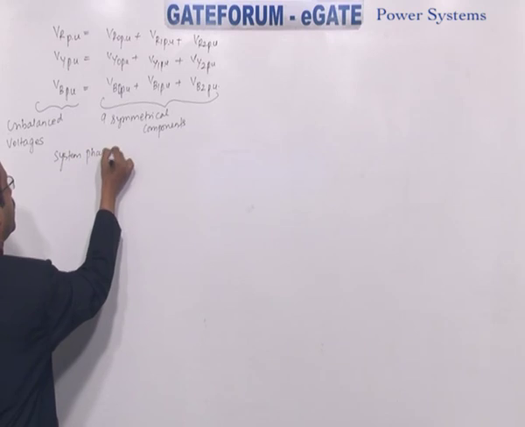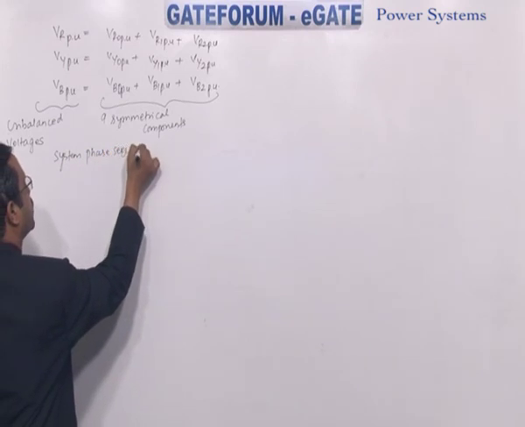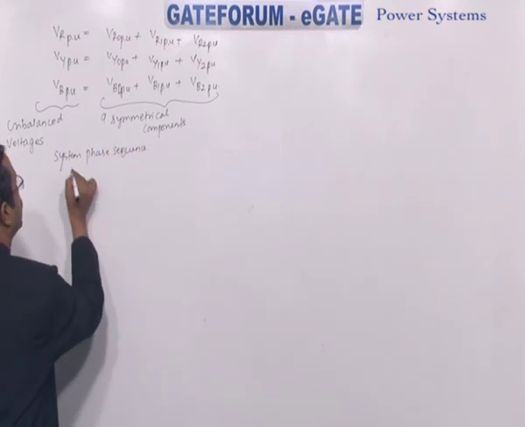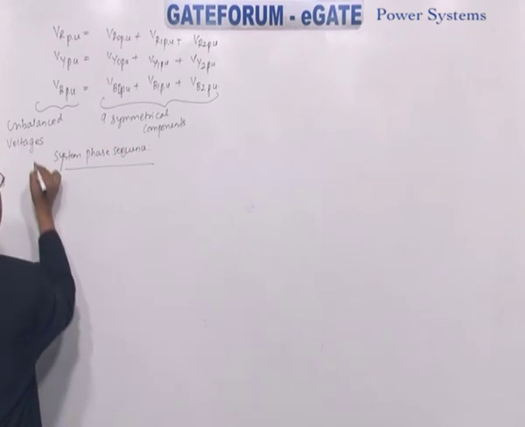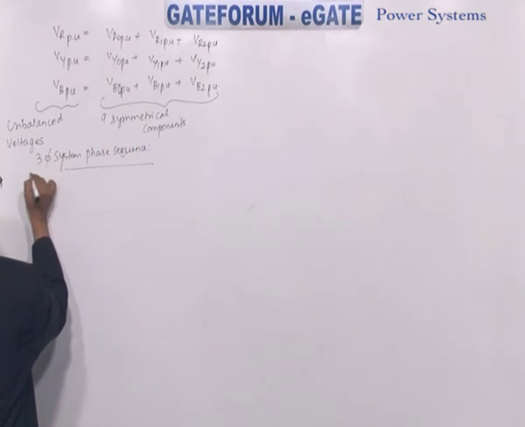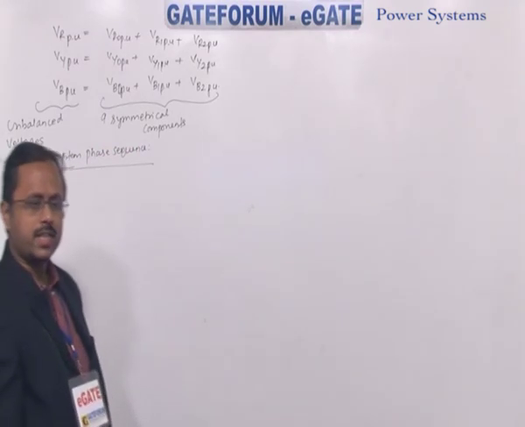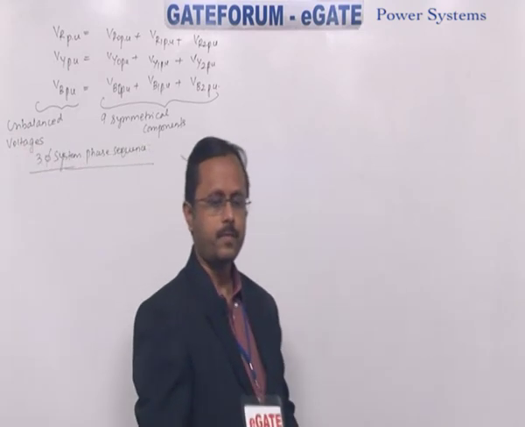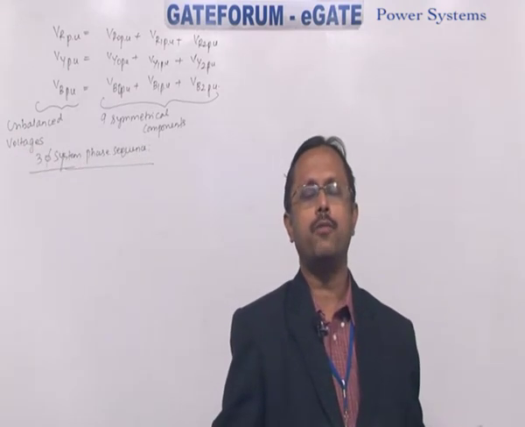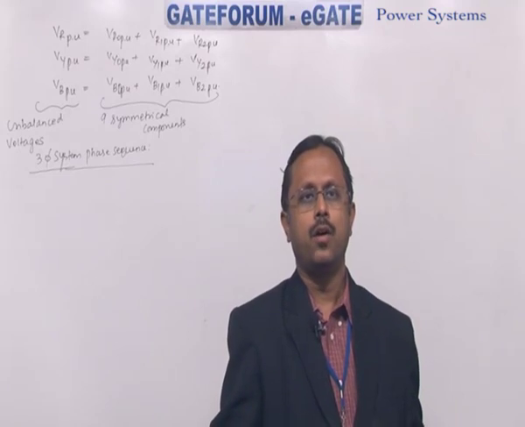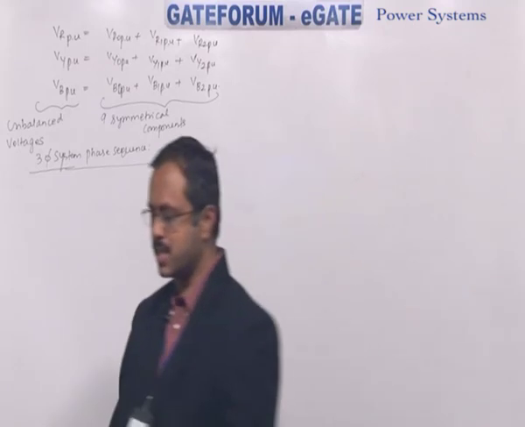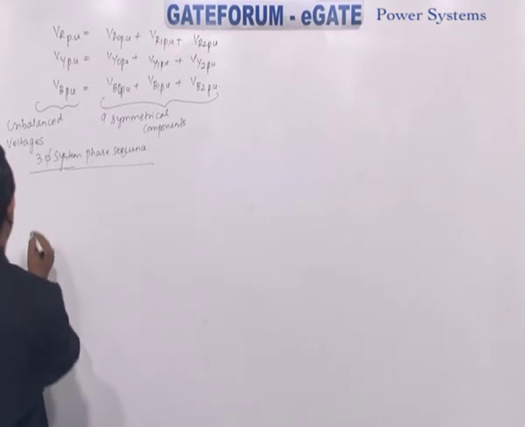So first we have the system phase sequence. Now a three-phase system has two possible phase sequences. What are those two possible phase sequences? You know the phases.